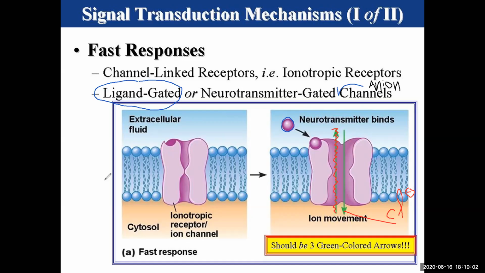And that concept you saw already, the leak channel, involved in setting up the resting membrane potential. So the sodium leak channel only influxes sodium. The potassium leak channel only effluxes potassium cations. But these are not gated. These are always open. So they're not on the same concept.